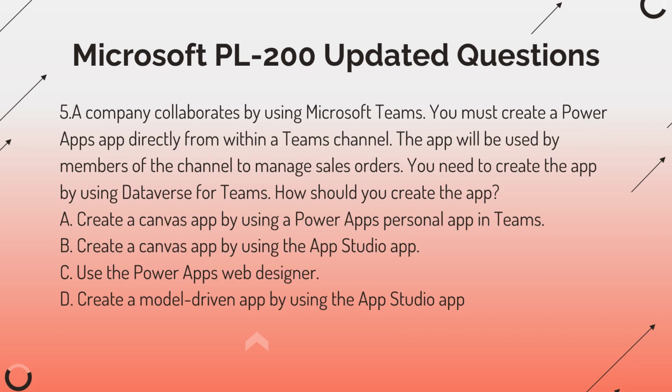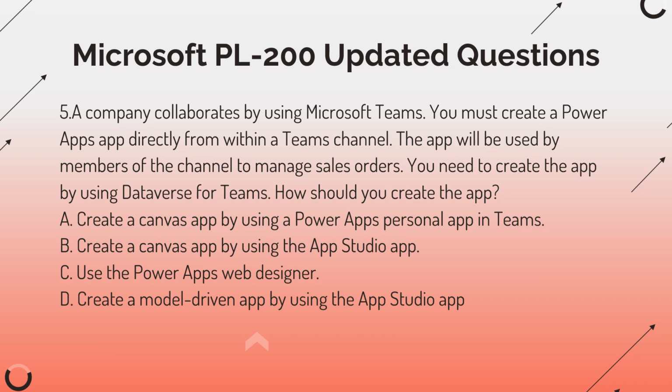5. A company collaborates by using Microsoft Teams. You must create a Power Apps app directly from within a Teams channel. The app will be used by members of the channel to manage sales orders. You need to create the app by using Dataverse for Teams. How should you create the app?